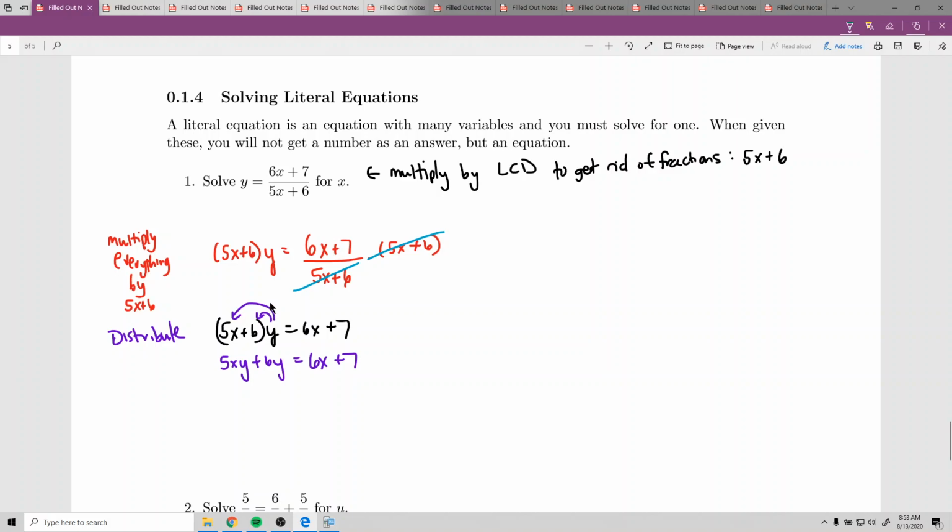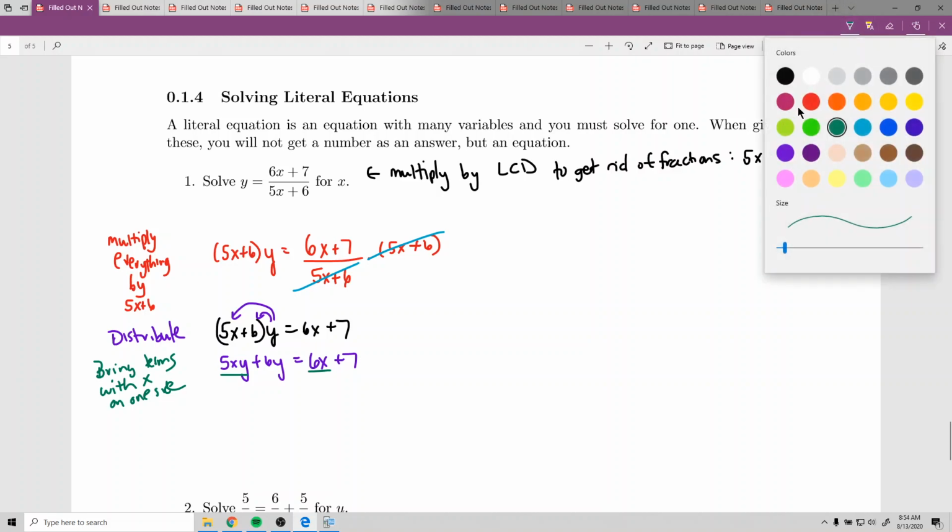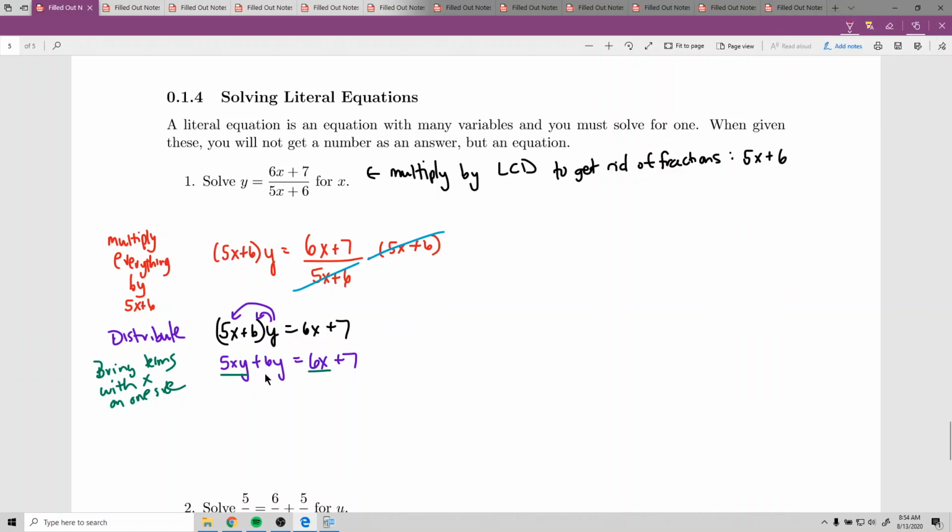And now you want to gather the x terms on one side, the things with x on one side, and the things without x on the other. It's up to you which side you want to do that. I'll bring the x's to the left.